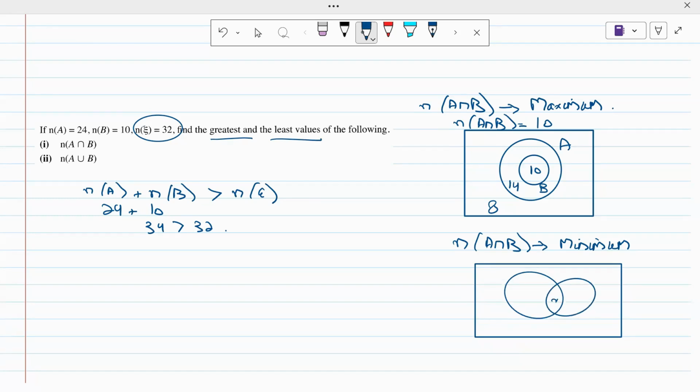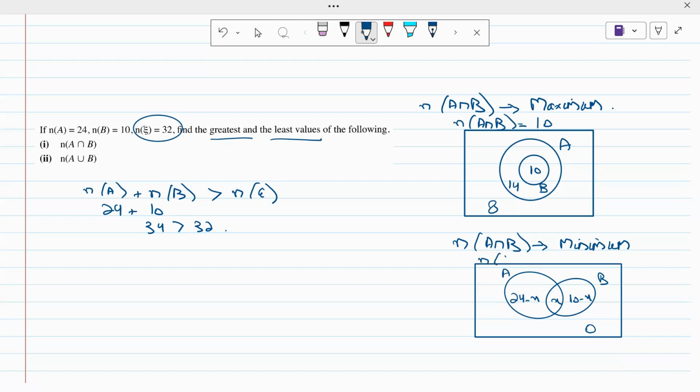We don't know what is here. Always remember, for intersection to be minimum, the elements outside would be 0. This is set A, this is set B. A is having 24, so this would be 24 minus x. B is having 10, so this would be 10 minus x.